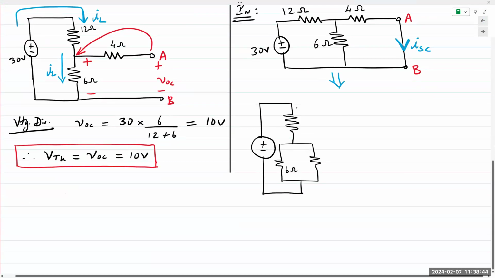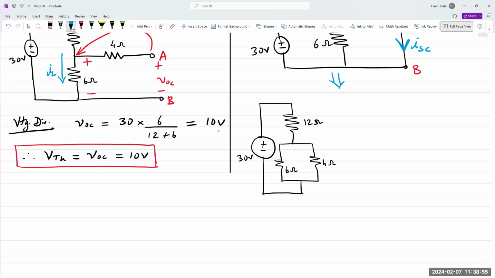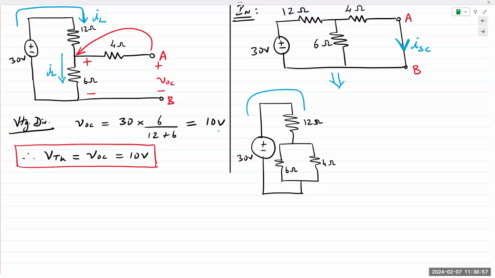This is 6, this is 4, 30-volt source, 12 ohm resistor. And then this time I'm going to say the total current in the circuit is IZ.